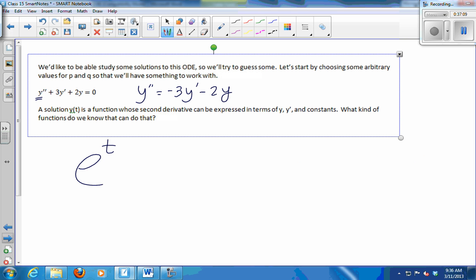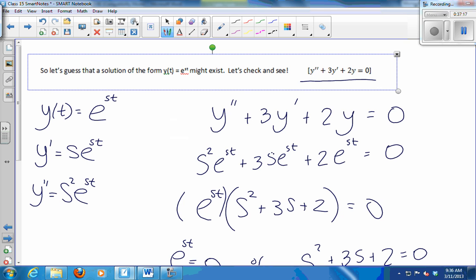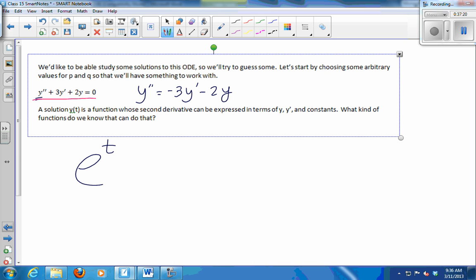This is the field for this differential equation. Do we write it as a system? We never did. Okay, so let's do that. y prime has to equal v, which means that v prime, which is y double prime, is negative 3v minus 2y.